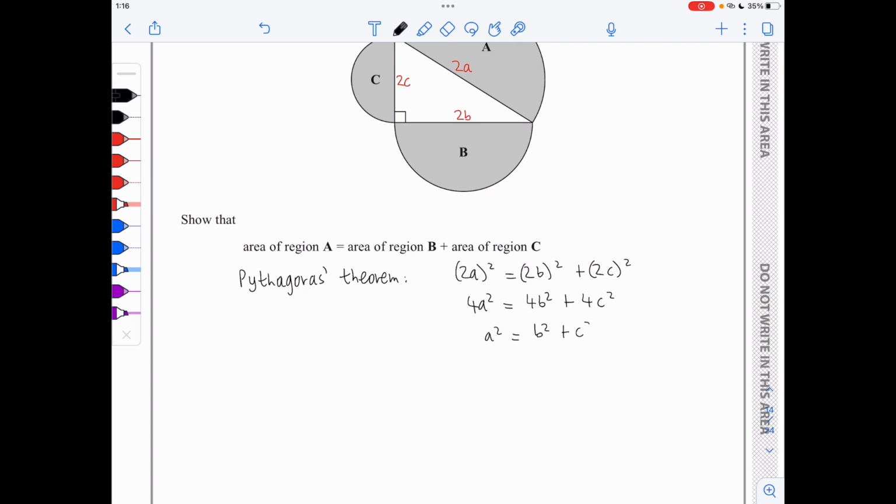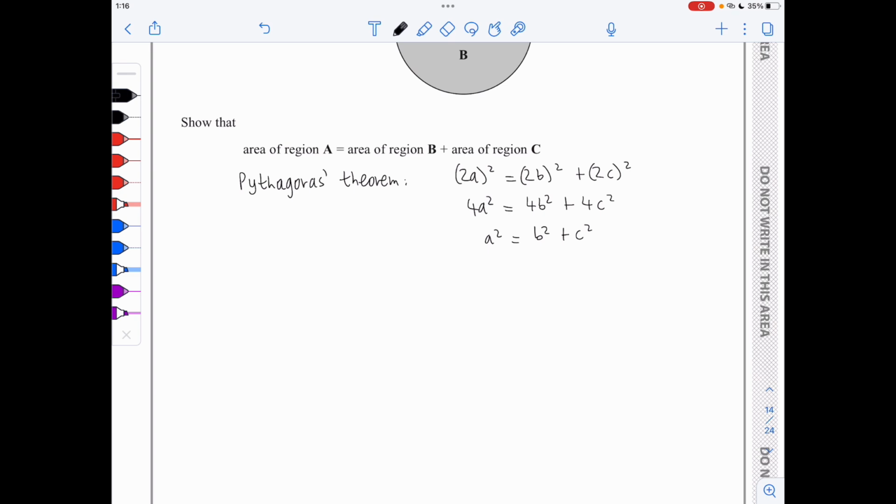And now I could consider the area of B plus the area of C. So the area of B is a half times pi times B squared. Remember that the formula for the area of a circle is pi r squared, where r is the radius. In our case, B is the radius.